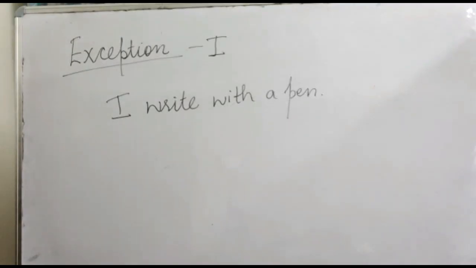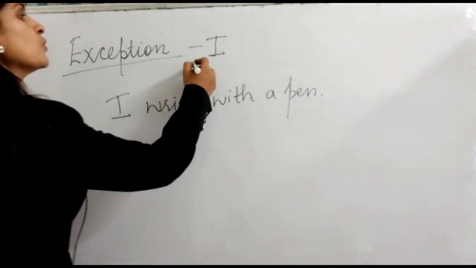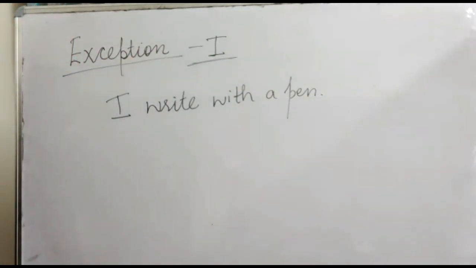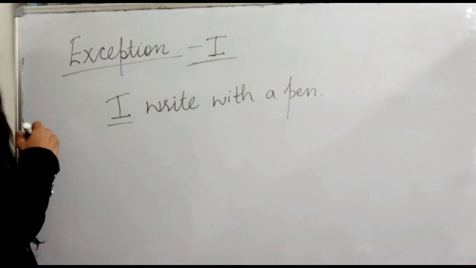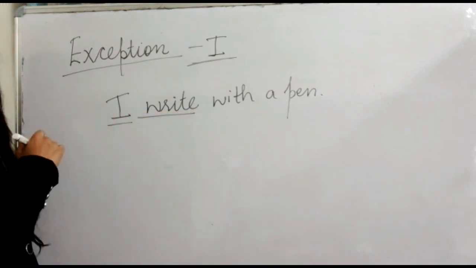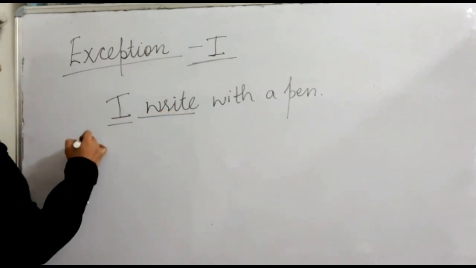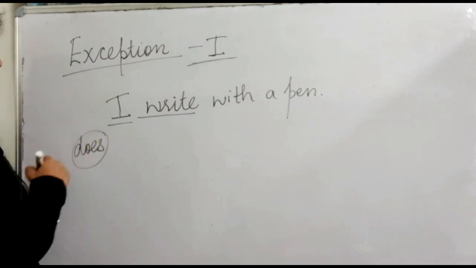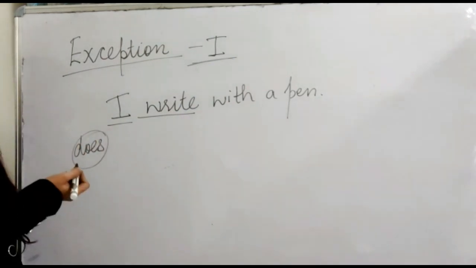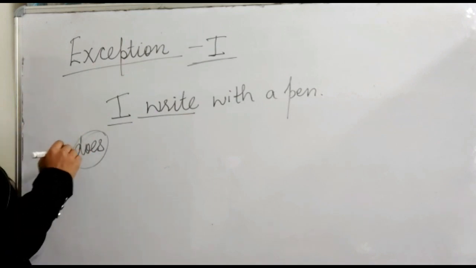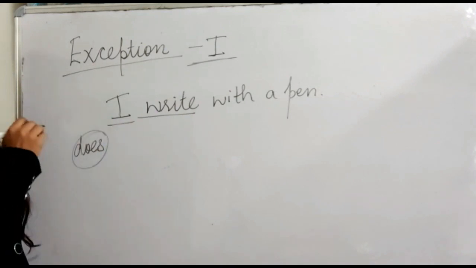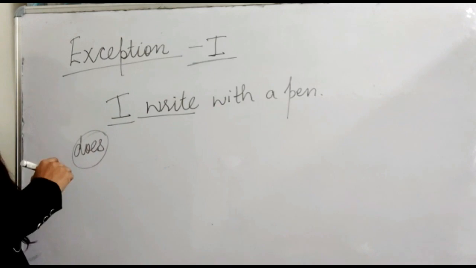Now we have an exception here, that is with the subject I. We have learned that when we have the singular subject and the verb is in present, we start the sentence with does. But I is an exception. With I, we use the rules of plural. So when will we change this sentence into an interrogative one?